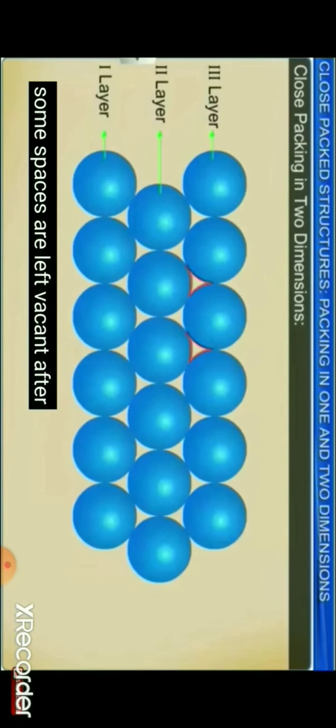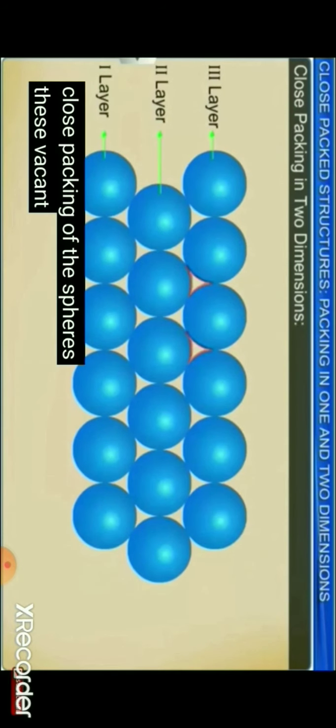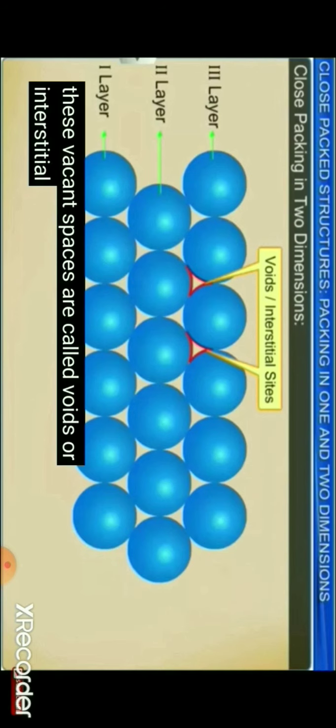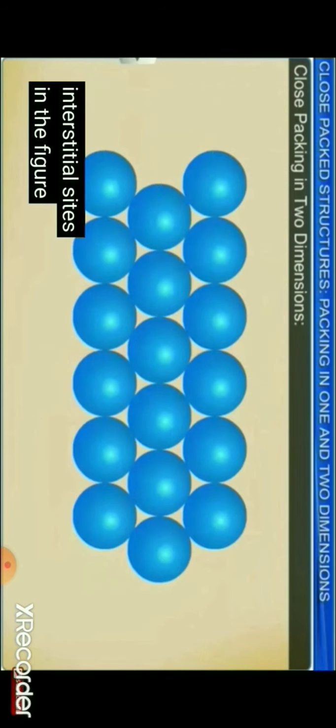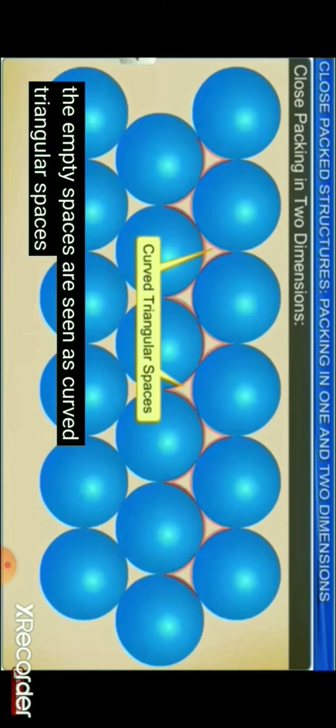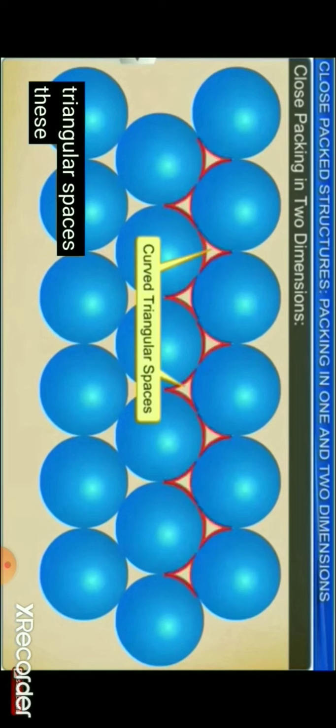Some spaces are left vacant after the close packing of the spheres, and these vacant spaces are called voids or interstitial sites. In the figure, the empty spaces are seen as curved triangular spaces.